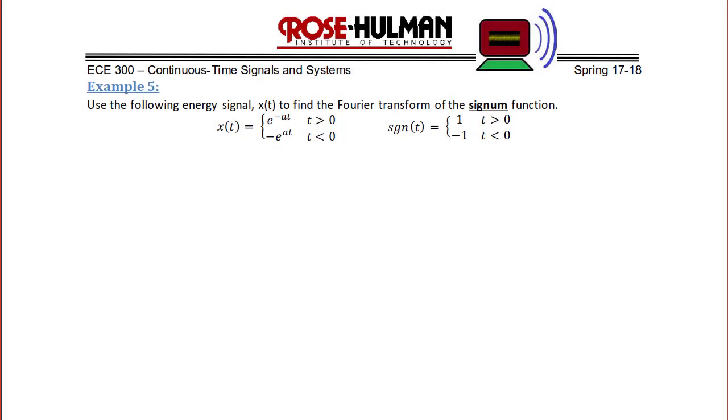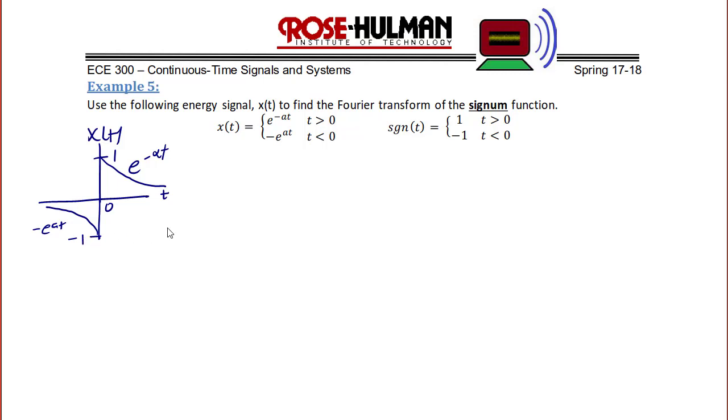Example 5. Use the following energy signal x(t) to find the Fourier transform of the signum function. So we will define x(t) to be our auxiliary function for this problem. The first thing I'm going to do is to sketch x(t). Here we have x(t), which for t greater than 0 is e^(-at), and for t less than 0, it is negative e^(at), where the value here is 1 and the value here is negative 1.